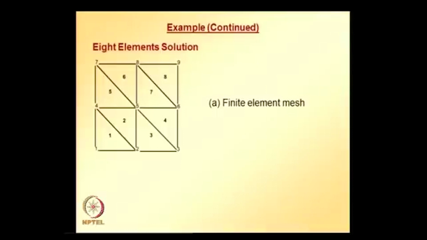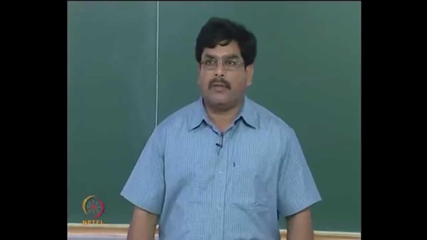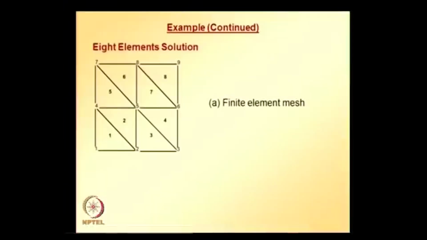Once we write element equations for one of the elements, element equations are going to be identical for all the 8 elements, and applying the essential boundary condition that the stress potential value for the nodes on the boundary is equal to 0, that is phi 7, phi 8, phi 9, phi 6 and phi 3, the stress potential values are 0.